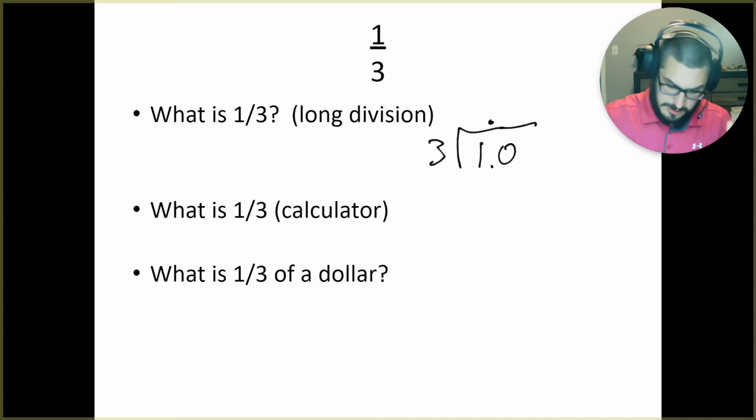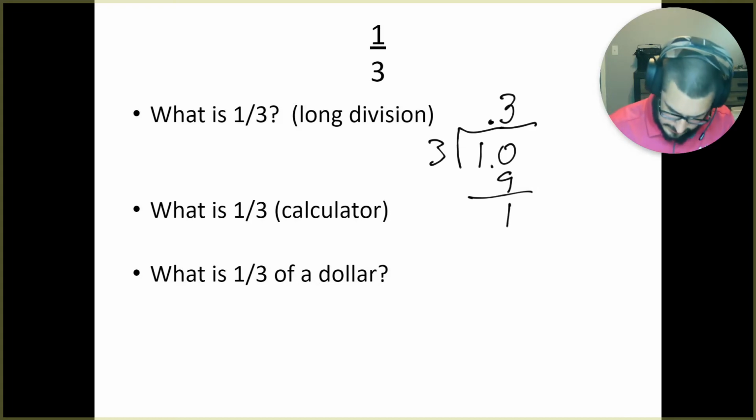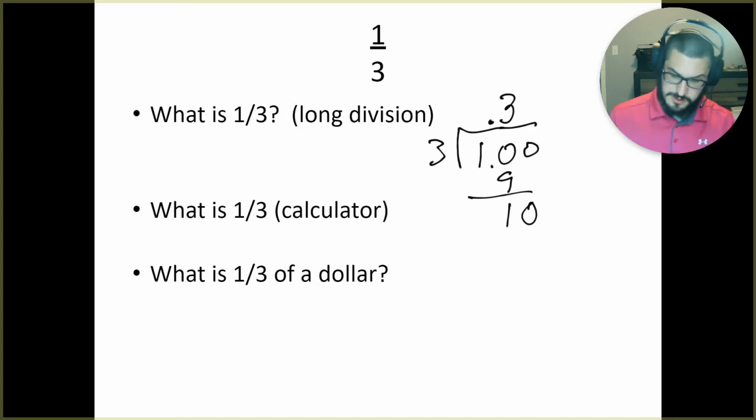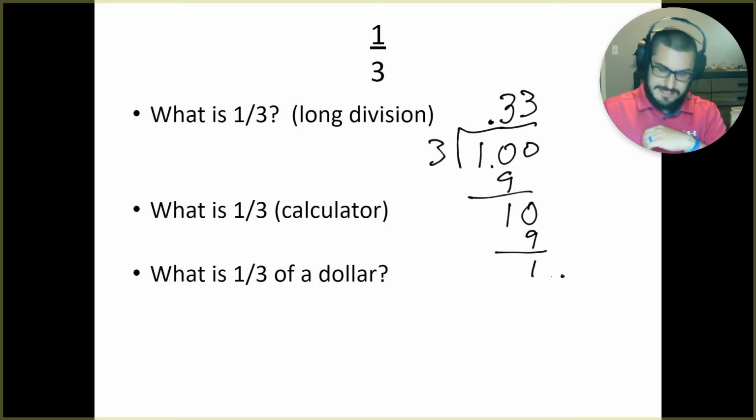How many times? 3 times 3 gives me 9, so I can subtract that. That'll be 1. Then bring down the 0. And here's where it gets interesting, because we have to do the same exact thing. 3 can go into 10 3 times, gives me 9, 1, dot dot dot. So it's going to continue going, and that's where you've got 3 repeating.